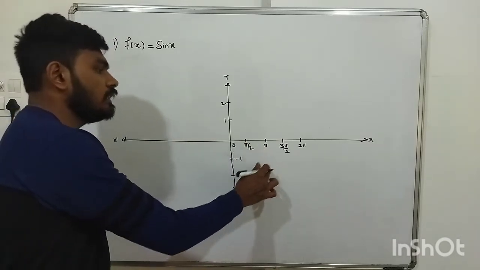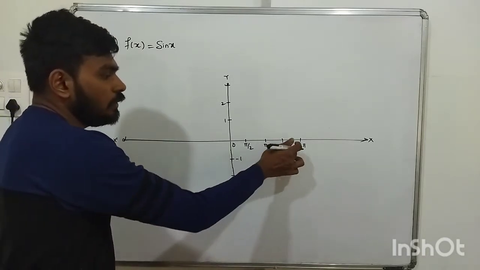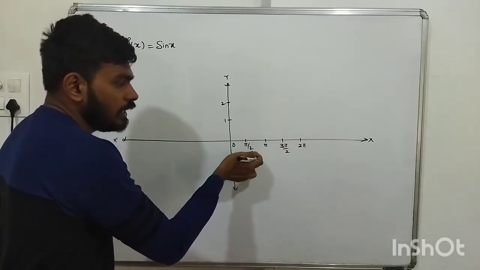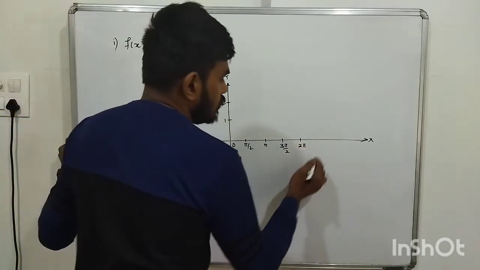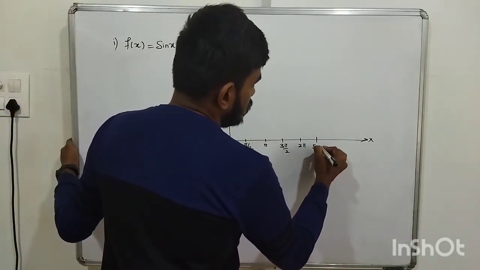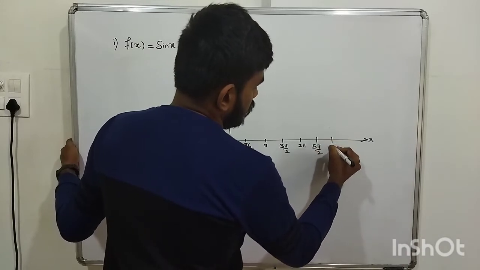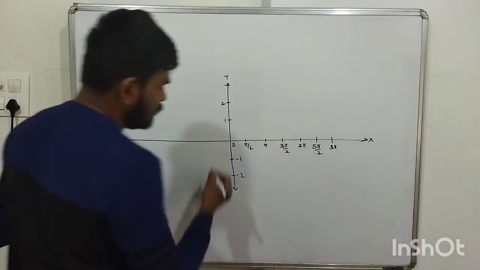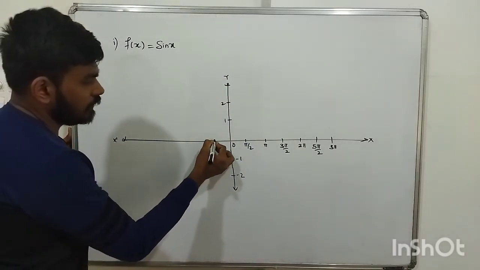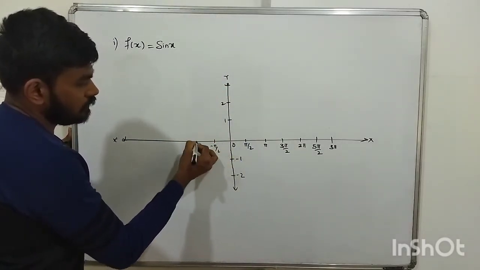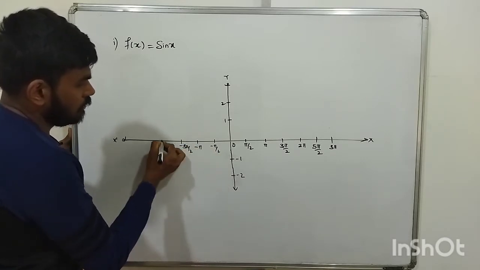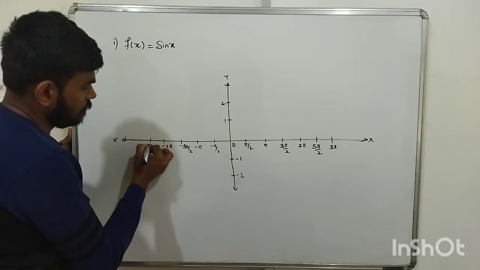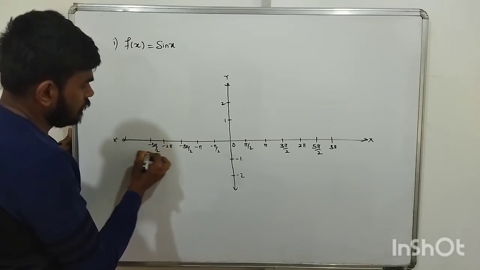Similarly this is 180 degree, this is 3 into 90, 270 degree, 360 degree, and so on. And similarly here on the negative side, minus pi by 2, minus pi, minus 3 pi by 2, minus 2 pi, minus 5 pi by 2, and so on.